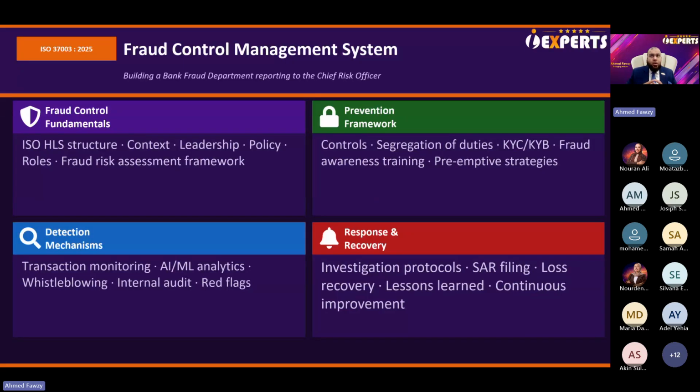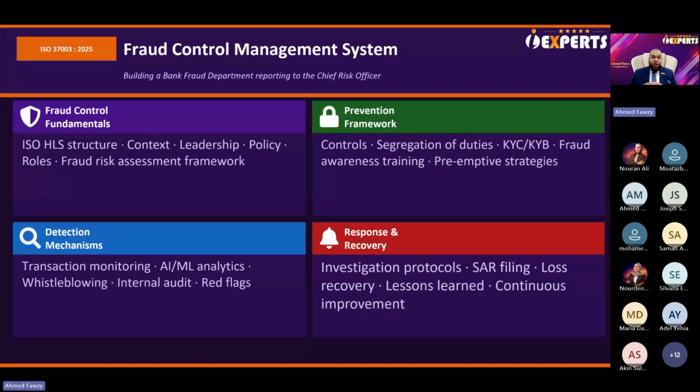We also include the detection mechanisms. It is very similar, by the way, to any management systems that you have established inside your organization before. So at the end, we can call it a great management system that is established.